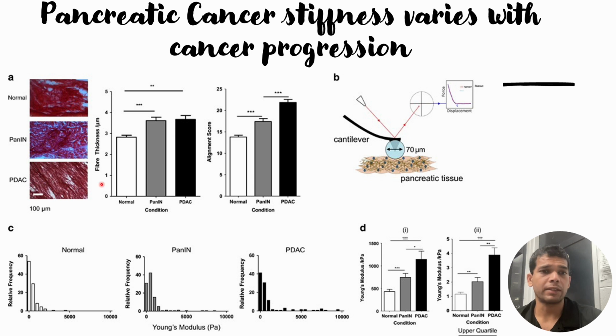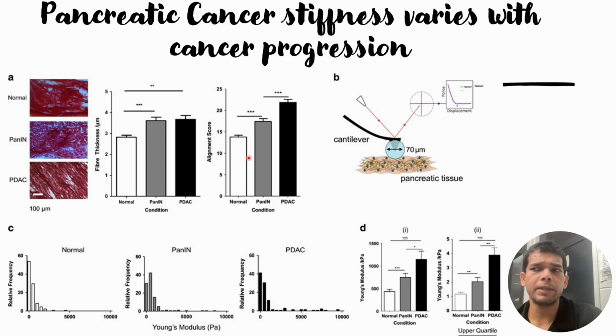Thereafter, they also checked the alignment of the collagen fibers, and the alignment is highest as the pancreatic cancer progresses. PanIN has an intermediate alignment, and the normal pancreas has the least alignment.